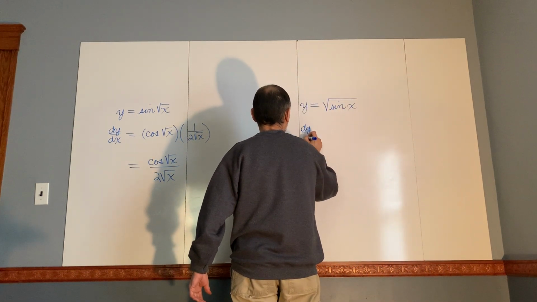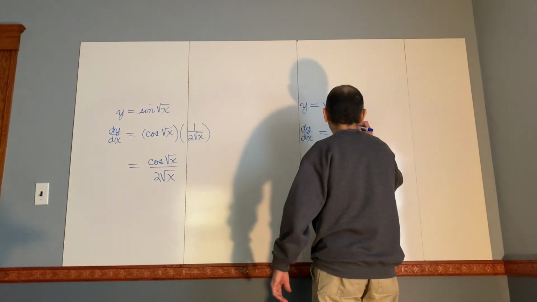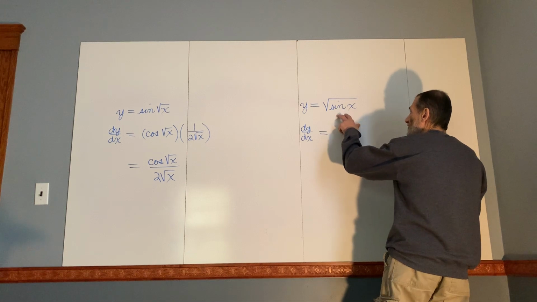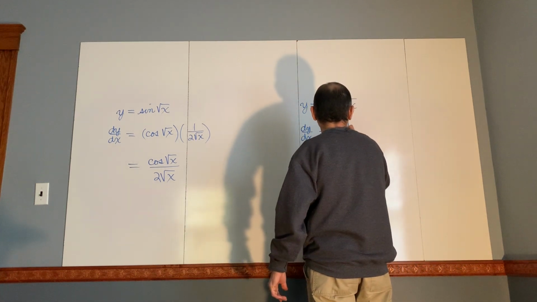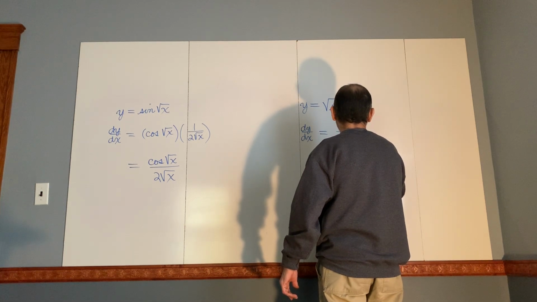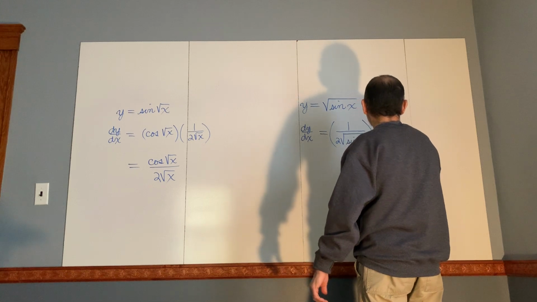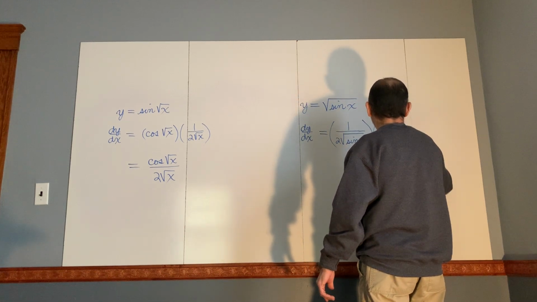Here, dy dx, the outside function is the square root function. We differentiate that first with respect to its own argument, which is the sine of x. So we have 1 over 2 times the square root of the sine of x times the derivative of the inside function, sine of x.